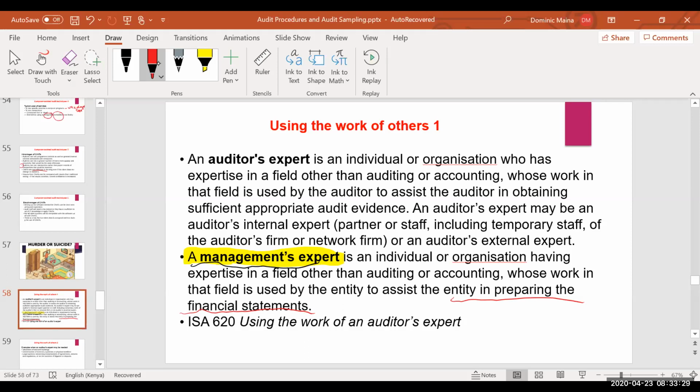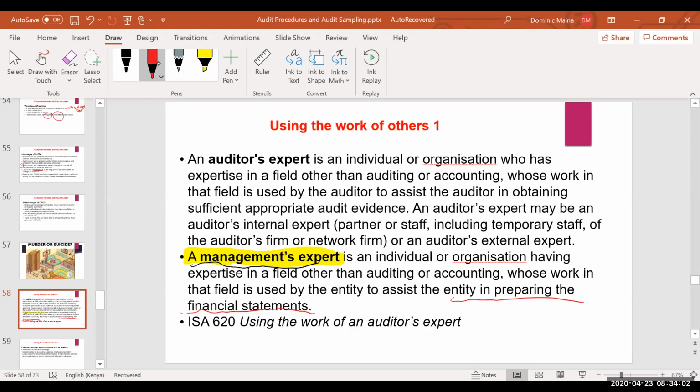They are experts in other fields, not accounting or auditing, because you as an auditor are the expert in auditing and in accounting. So any other individual appointed by your client, whose advice is used by your client in preparing the financial statement, but who is not an accountant or an auditor, is what we refer to as the management expert.